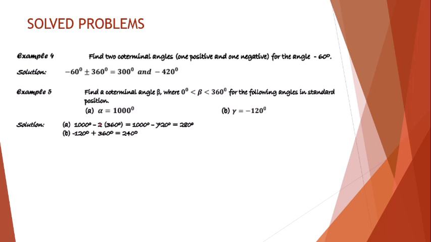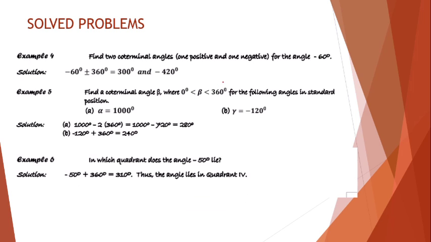Kapag tinatlo ninyo yan, hindi na mag-between yan, magiging between negative 360 to 0. Ang given lang naman natin ay between 0 and 360. 280 is between 0 and 360, so tama lang. Ito naman, add ninyo na siya isang beses at ito ang lumabas. Tama lang din.